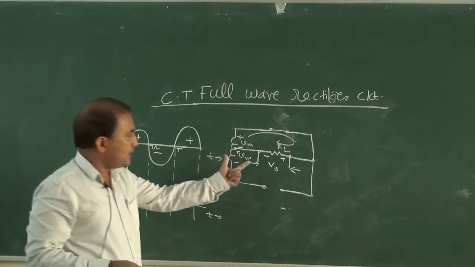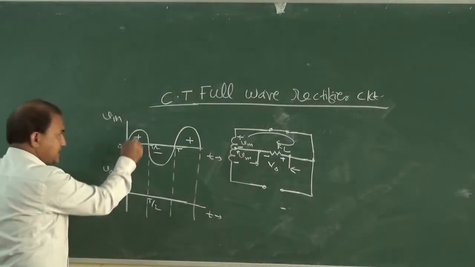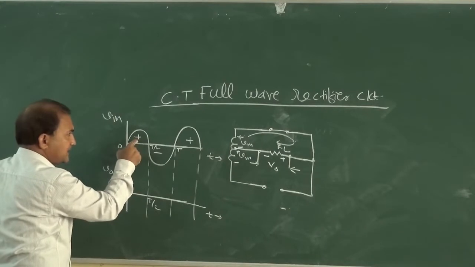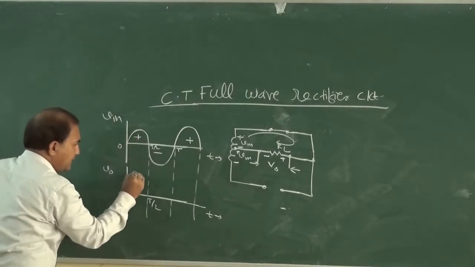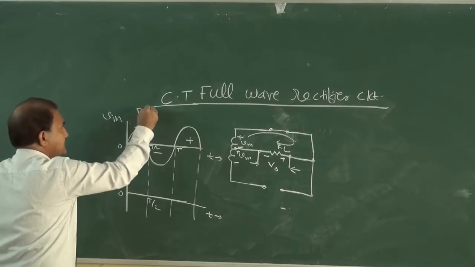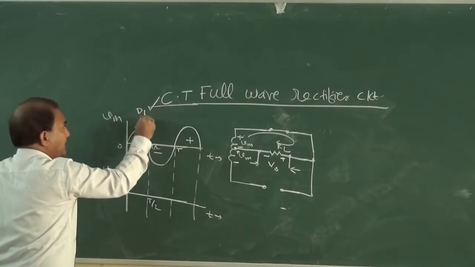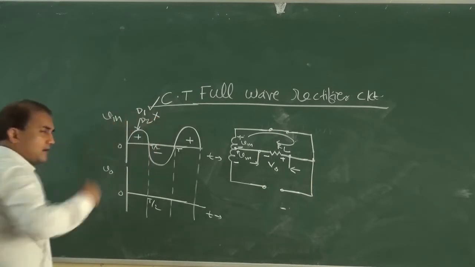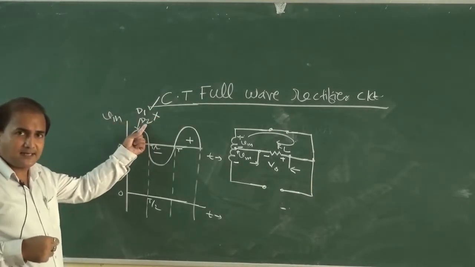Now during this positive half cycle, D1 is on and diode D2 is in reverse bias condition.